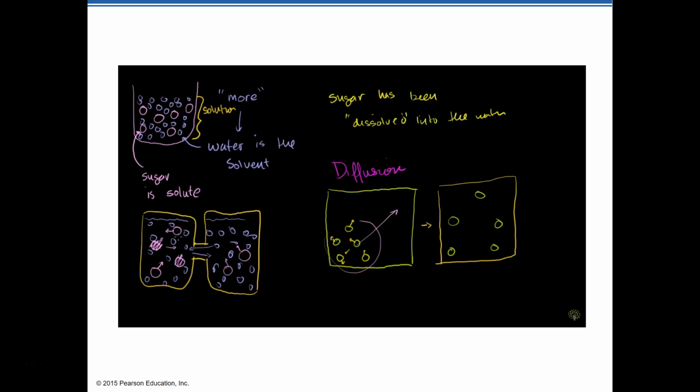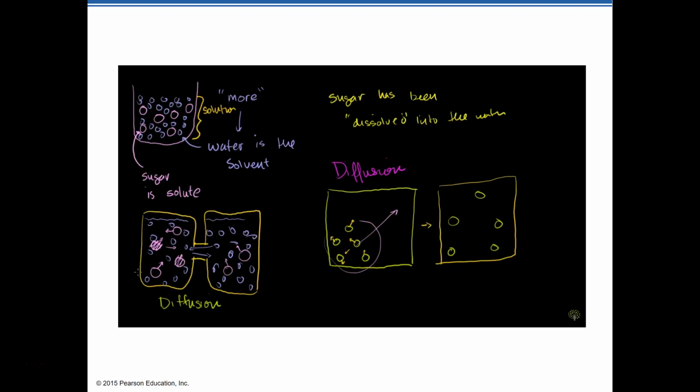But anyway, this whole process, we went from a container of high concentration to a container of low concentration, and the particles would have spread from the high concentration container to the low concentration container. So they diffused. This is diffusion.